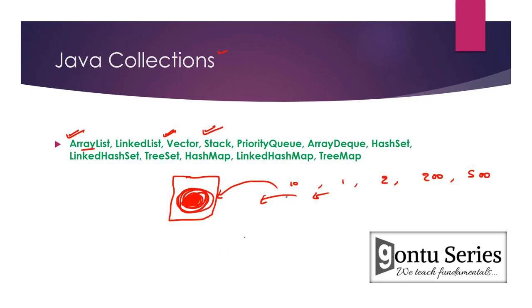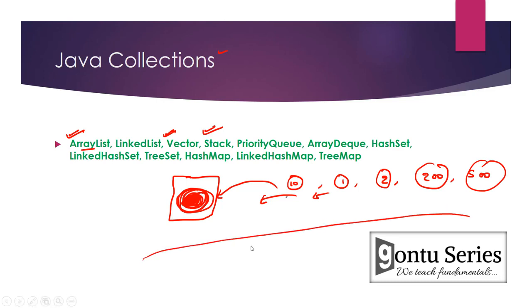It allows you to retrieve only the last element that you have added to it. Are you getting my point? So if you have added 10 and then 1 and then 2 and then 200 and then 500, and once you have added all these elements, you want to retrieve elements out of this container.